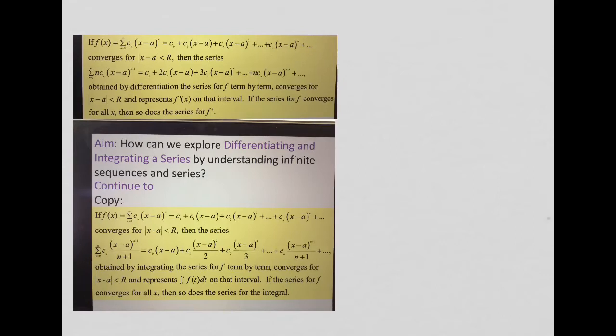Okay, so as you're copying the next part, I just want to summarize what you're taking a look at. If you are given a power series and it's centered at a, you can do a few different things with it. You can find its derivative.